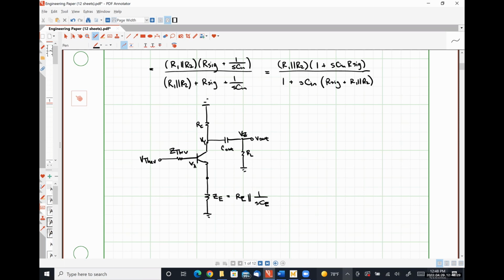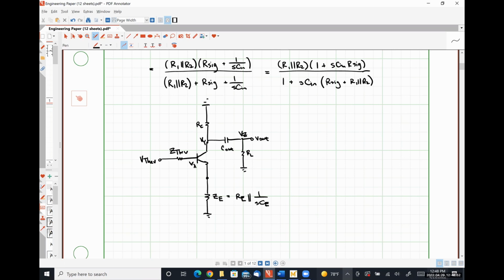Okay. So in 335, we analyzed this circuit, except it only contained resistance, right? How we analyzed it was we treated it as the transfer function between Vx and Vy, where we were just taking our output at node Y, multiplied by the transfer function between Vx and Vthev.